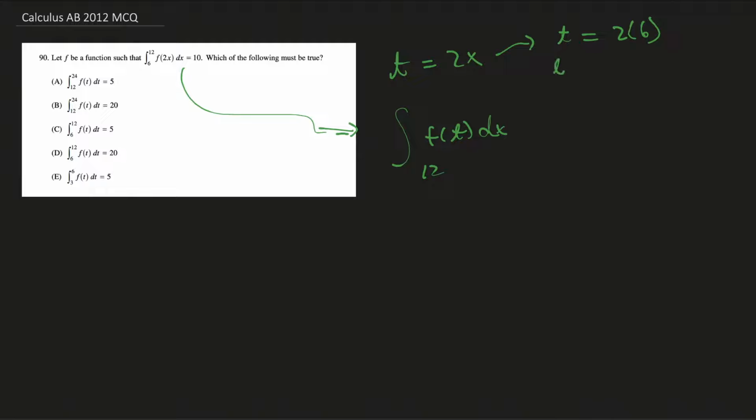So for this, we're first going to set t is equal to 2x, and if I replace the elements of the integral here, we have the integral of f of t dx from upper and lower limit, which we can find by taking... I basically just plugged in my x values to get my upper and lower limits in terms of t's.